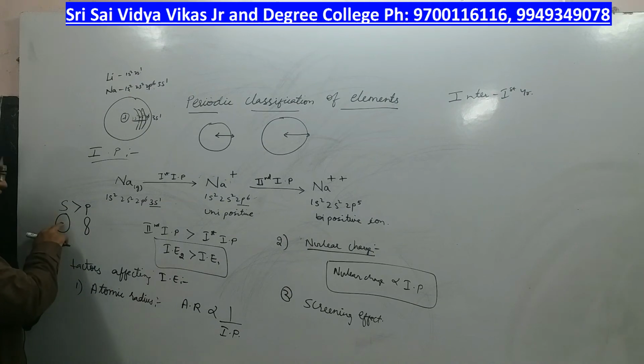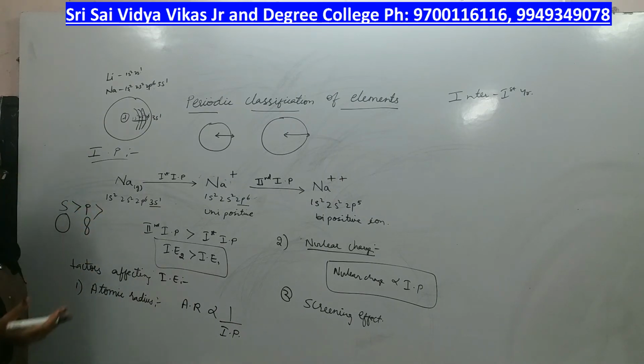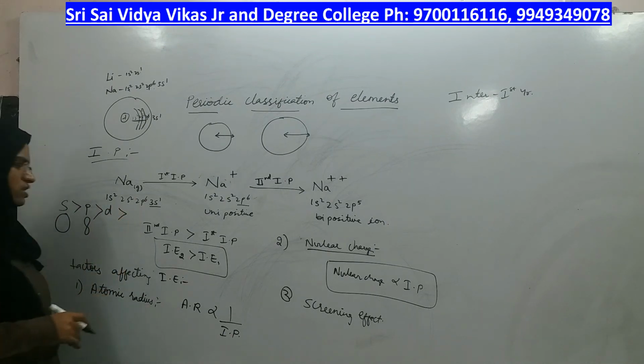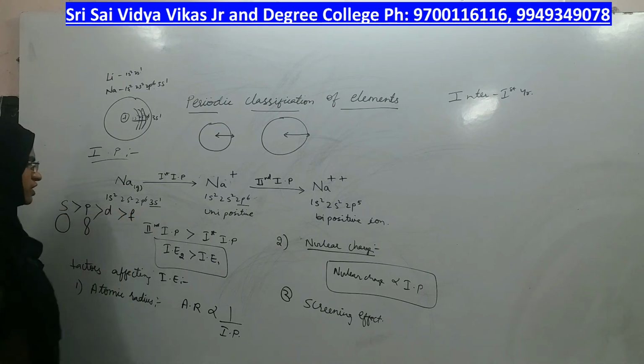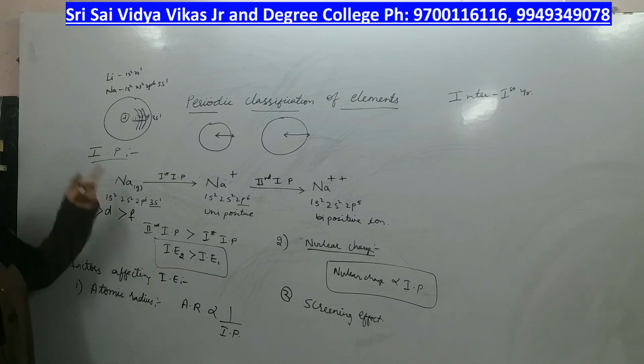This is the order: if s orbitals are present in the middle, they will shield the nuclear charge very highly compared to p, p can shield more than d, and d can shield more than f. So the orbital with the least shielding effect is f.